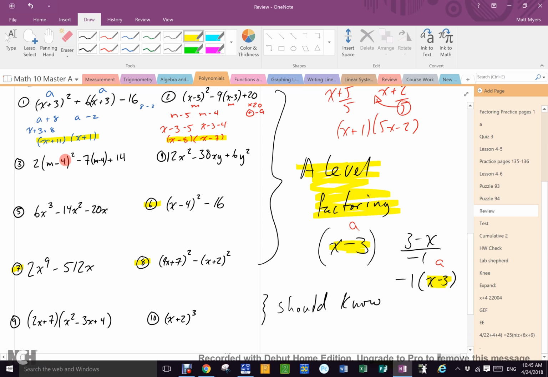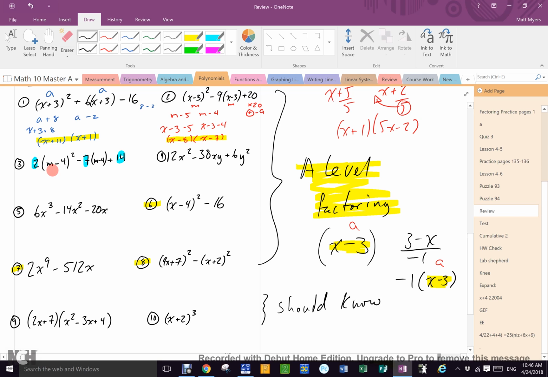This one, number 3, you should notice that it is a GCF, 2, 7, 14. No, it's not a GCF. You should have seen 2, 7, and 14, and some of you probably tried to GCF, but you cannot. So, first of all, you substituted.